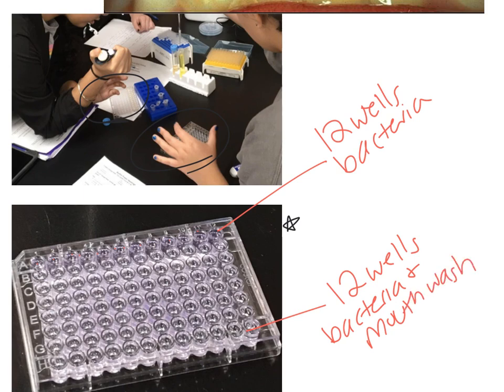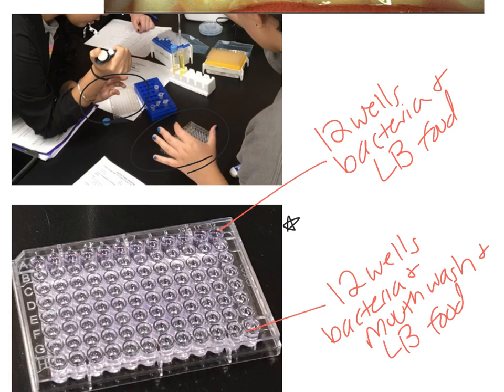Now, anytime that you're using bacteria in the lab, you've got to give them food so that they can grow. So all of the wells that we use, all 24, will be given food. We call that food LB. It's named Luria broth after the person who came up with the formula of what combination of foods work best to feed the bacteria.